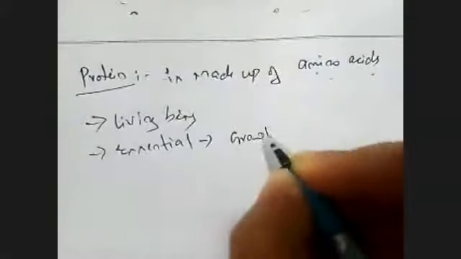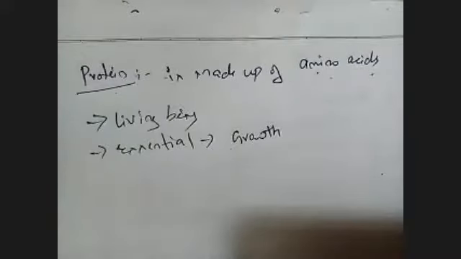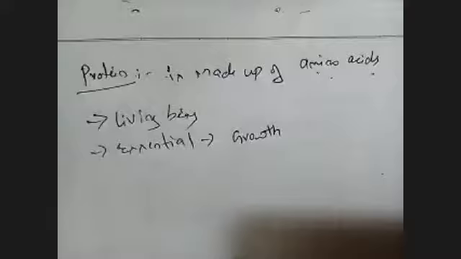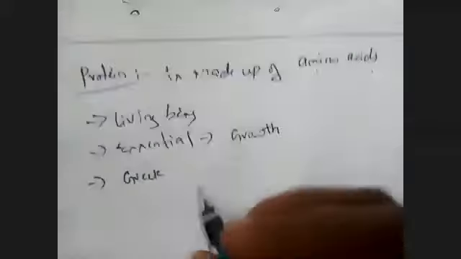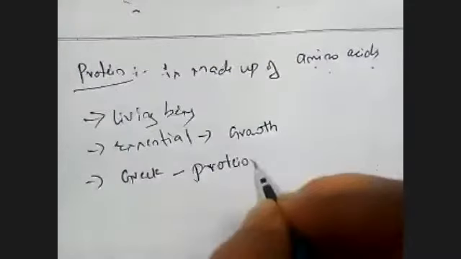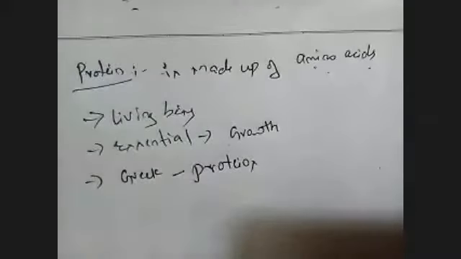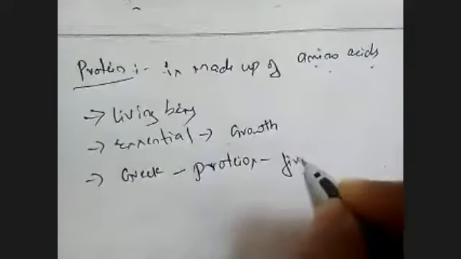Why is it essential? For growth. For the growth of the body, for the development of humankind, we require protein. Where does that word derive from? That word is derived from the Greek word proteos.